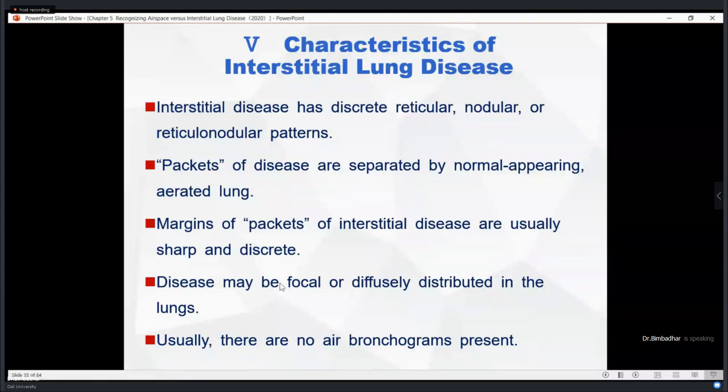Disease may be focal or diffuse, and there is no air bronchogram pattern present. These opacities are not as thick as in airspace disease. These are thinner opacities compared to airspace disease, so that's the reason we don't have an air bronchogram pattern.